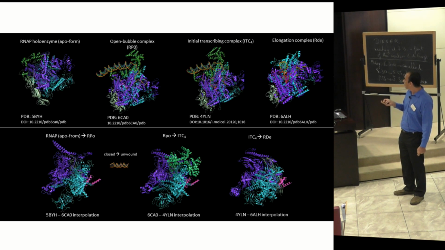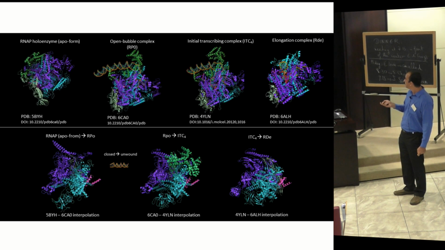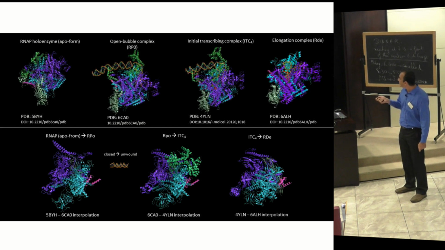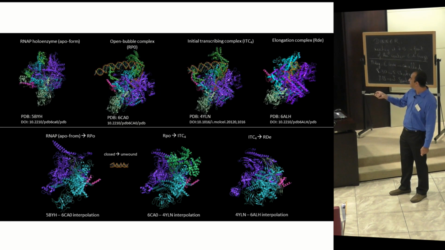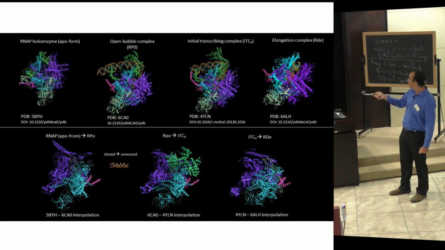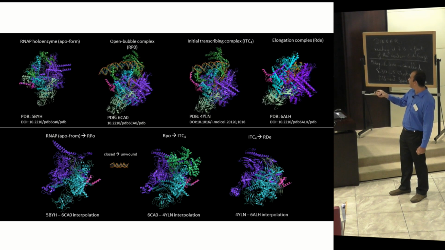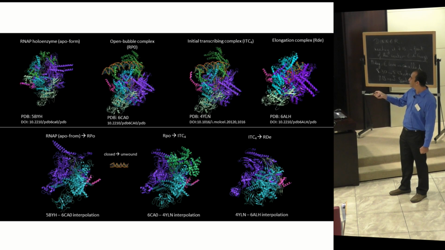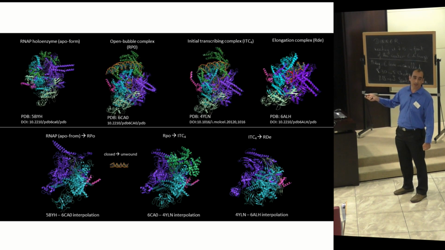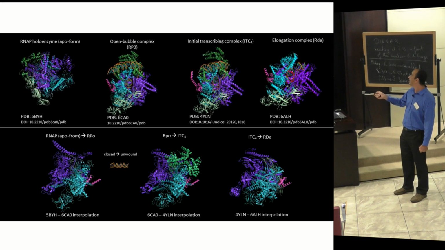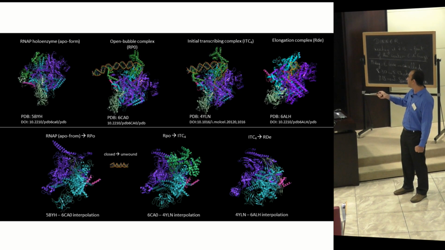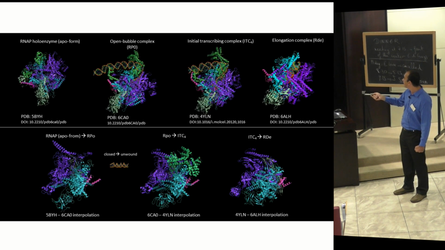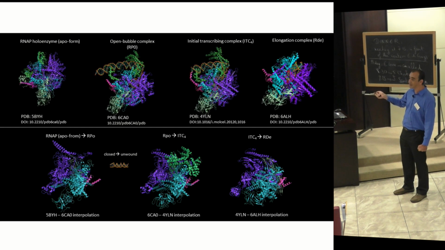And you can see here basically the structure. This does not include the DNA. This does include the DNA in an open version. This includes the DNA also in an open version. This is when the bubble is open and NTPs are not incorporated. This is where NTPs are incorporated. And this is when it's in elongation, so the green subunit, the sigma, is removed.